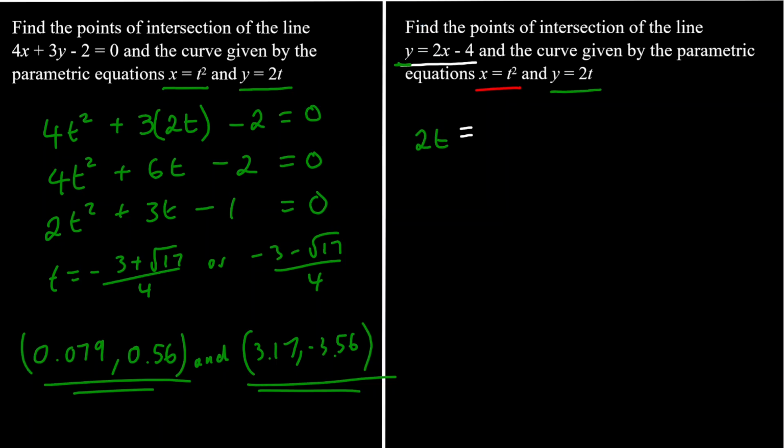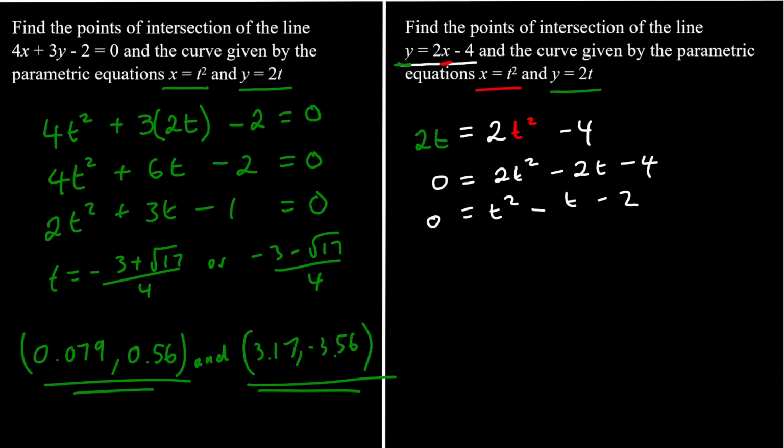We're going to change x into t squared. So that gives us 2t squared. We take 2t away from both sides. 2t squared minus 2t minus 4 equals 0. Let's half it, and this one will factorize.